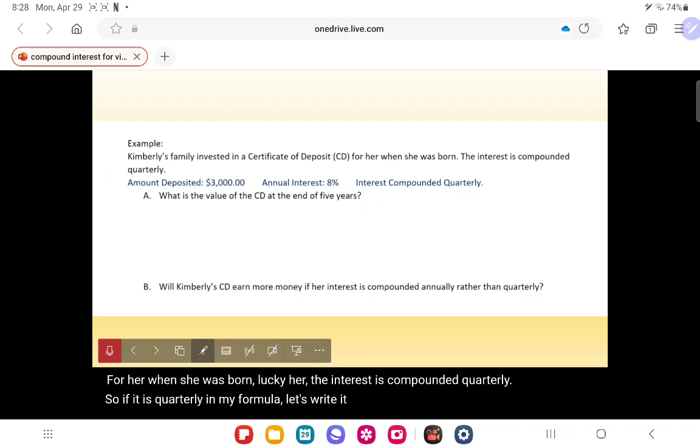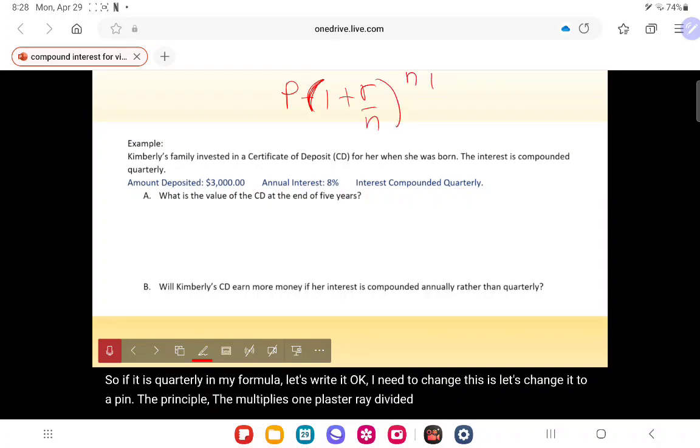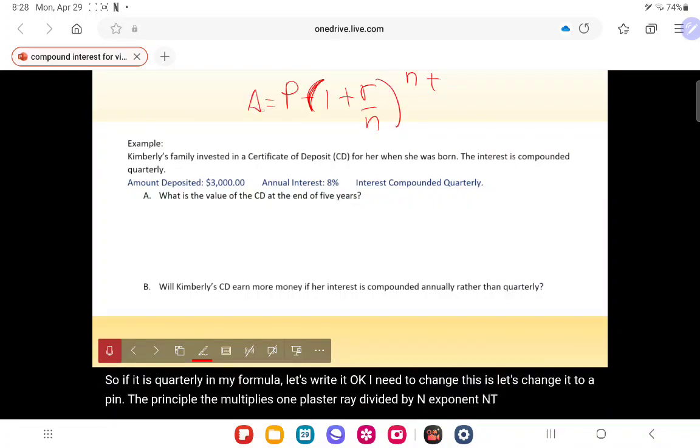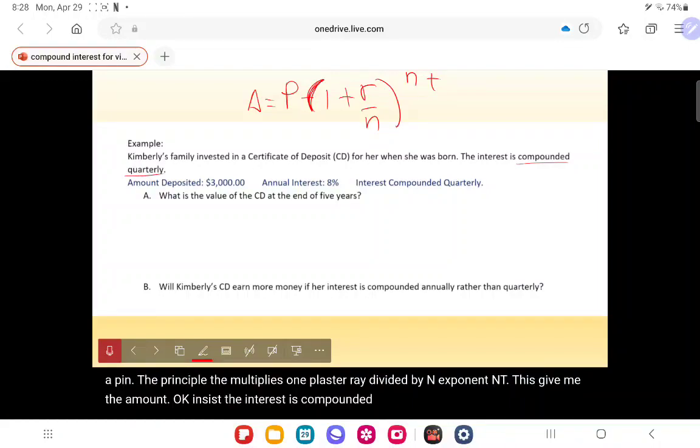The principal multiplies 1 plus the rate divided by n, exponent nt. This gives me the amount. It says the interest is compounded quarterly. It means my n is 4.